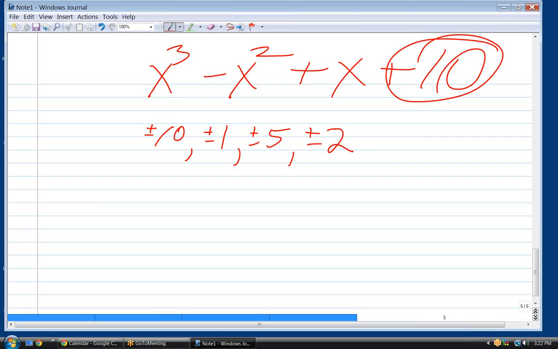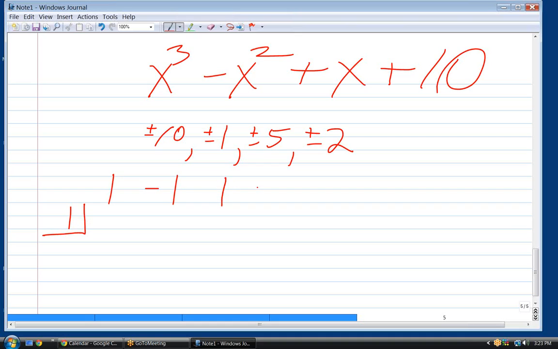They are really tough, and who knew that it was so hard to find a rational factor? Well, let's say I wanted to see if any of these were rational factors of this. Well, I would use synthetic division. I would start with the easiest one, which is 1.